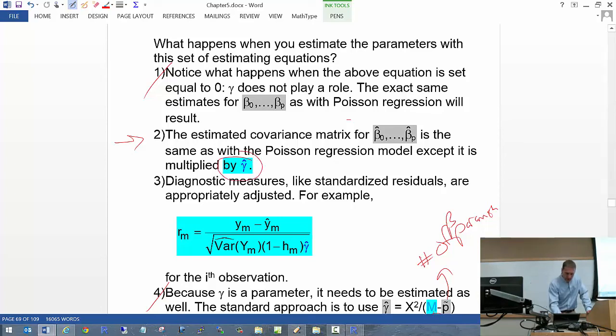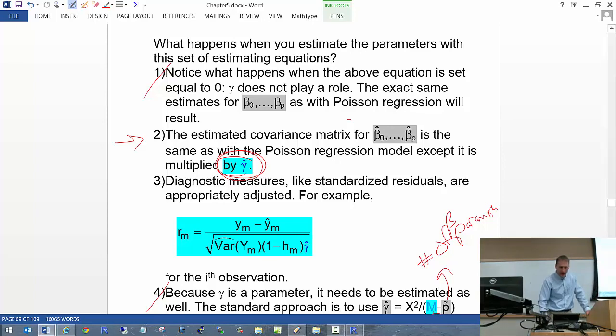All the elements of that covariance matrix are multiplied by gamma hat. Gamma hat's going to be typically greater than 1. And so what's the effect then on the variances in that matrix? It's going to cause them to be larger than what they were previously with just a regular Poisson regression model. Again, the reason why that happens is because of the overdispersion. You have more variability in your data than you would expect. But where does that more variability show up? It shows up in the variance of your parameter estimates.